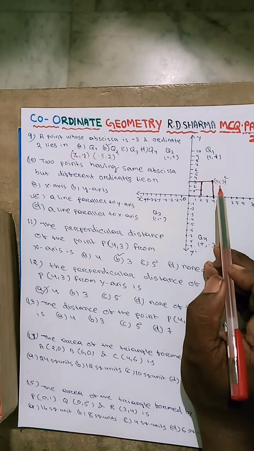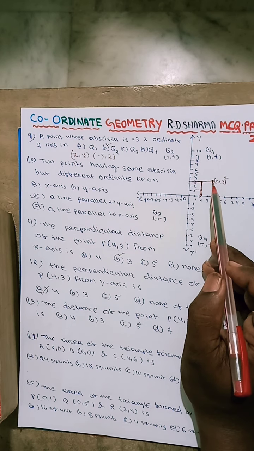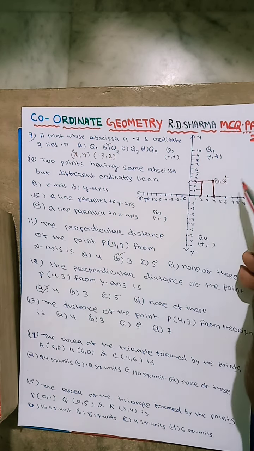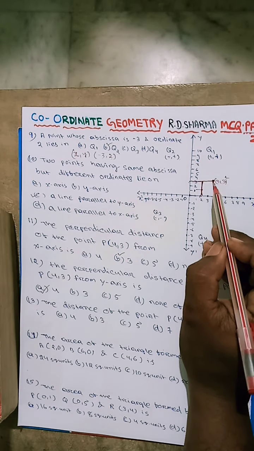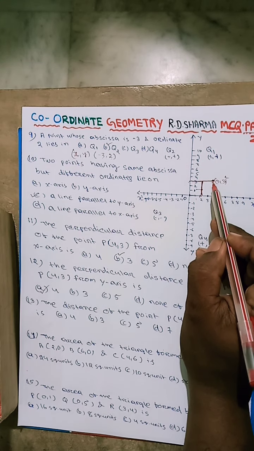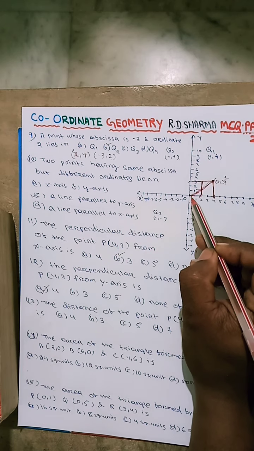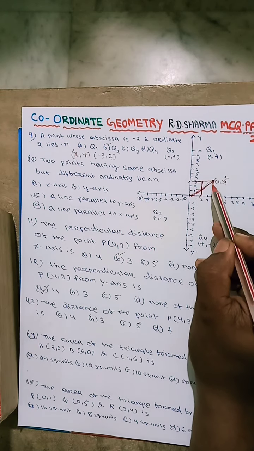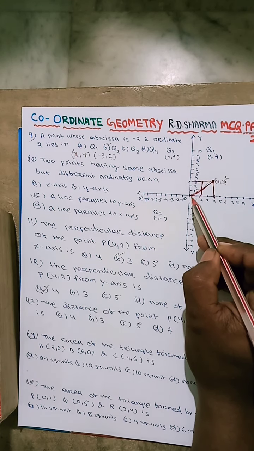Look at the same point (4, 3). The distance of the point from the origin: if you join this point to the origin, this is the distance between the given point and the origin.